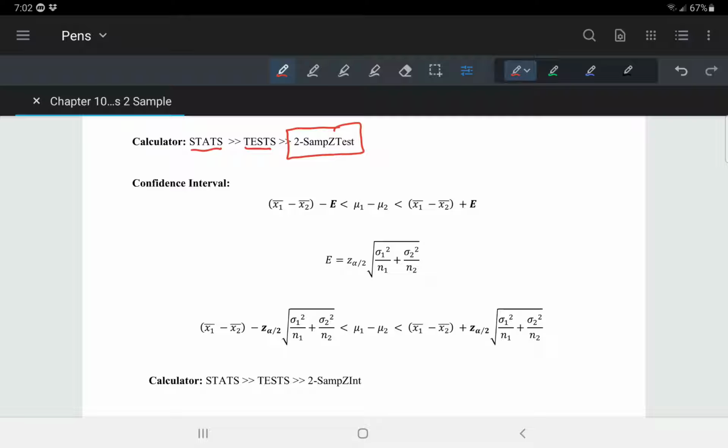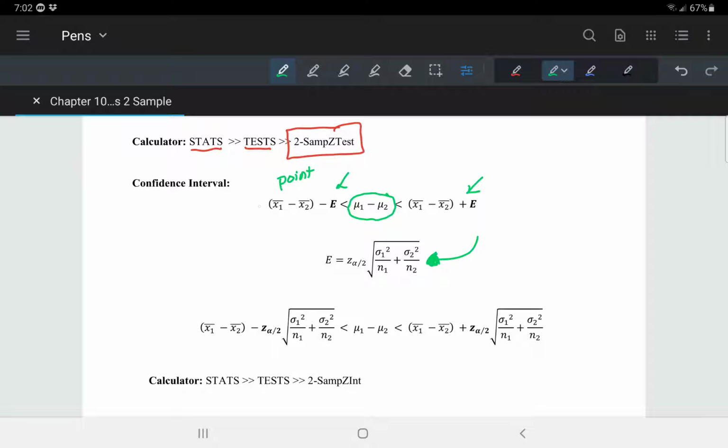When we're calculating the confidence interval, you take your population parameter that you're looking for, in this case mu1 minus mu2, and that should go in between the point estimate minus the error and the point estimate plus the error, where our error is calculated down here.